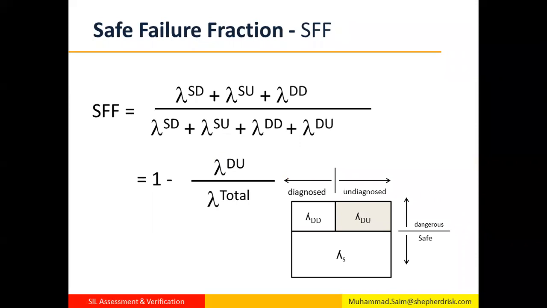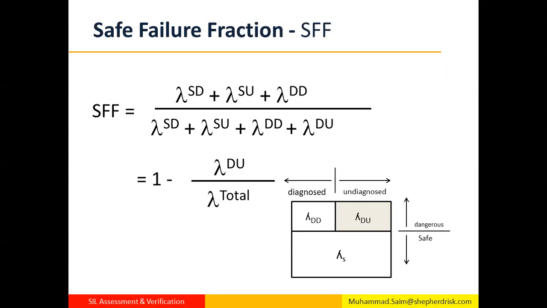Now we have to remember this safe failure fraction for use later at the end of this presentation. The safe failure fraction is the fraction of total failures that are either safe or detected dangerous.